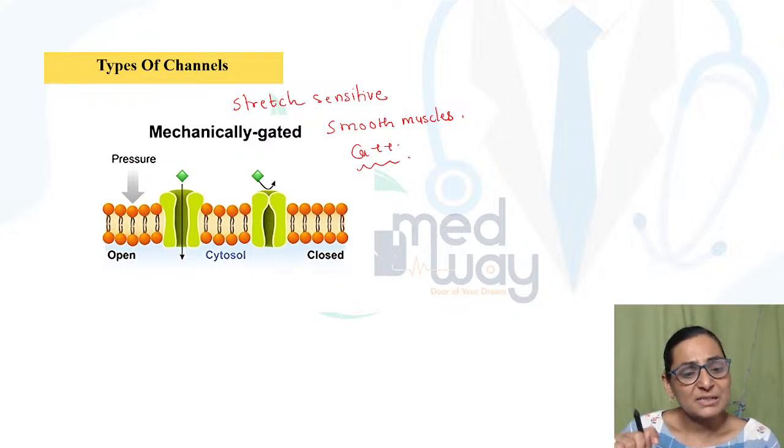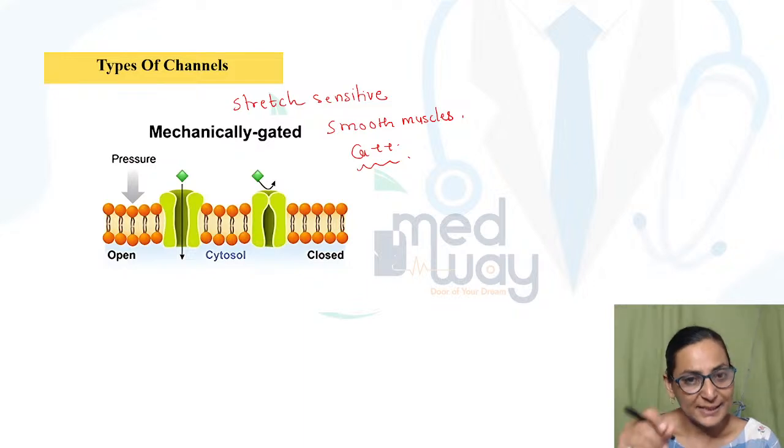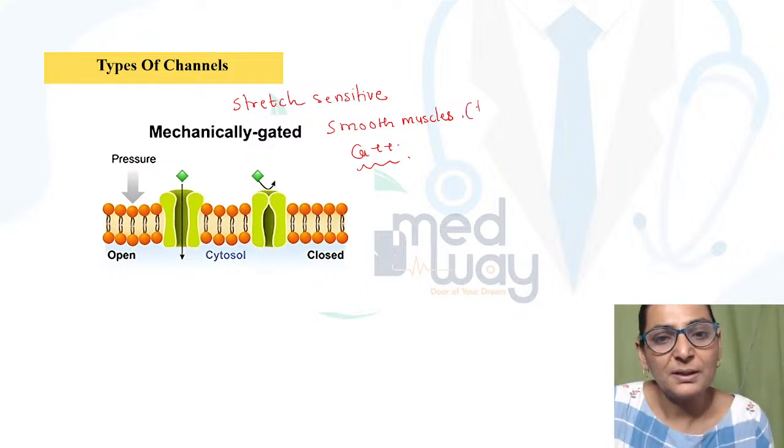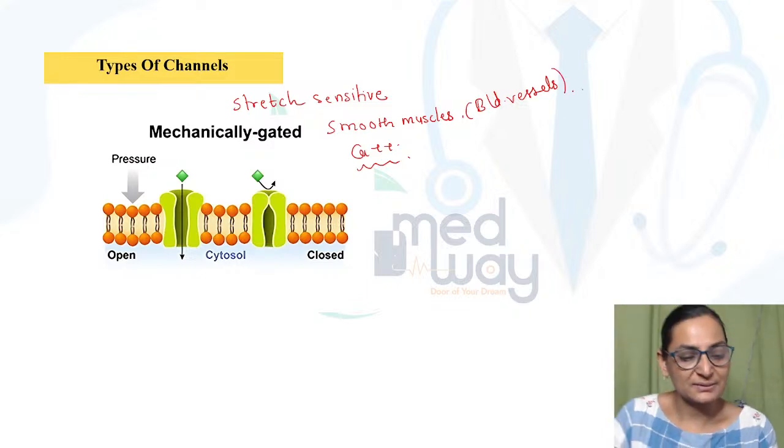Now this point is very important because the stretch sensitive calcium channels allow calcium inside the cell and cause the contraction of the smooth muscles, especially when we speak of the blood vessels.